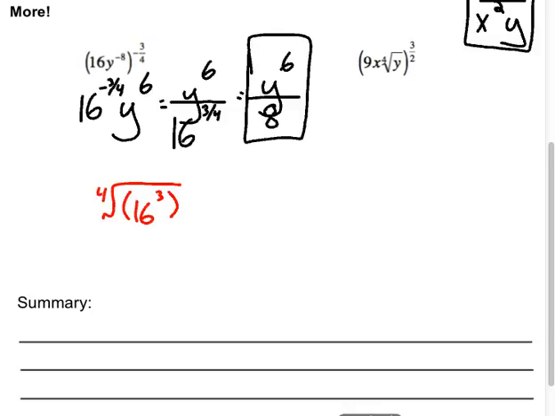And finally, our next one. So here again, we don't want radical expressions. We need everything to be in its fractional form. So the first thing I'm going to do is I'm going to call that y to the 1/4. Oh, then I almost wrote that wrong. To the 3/2.